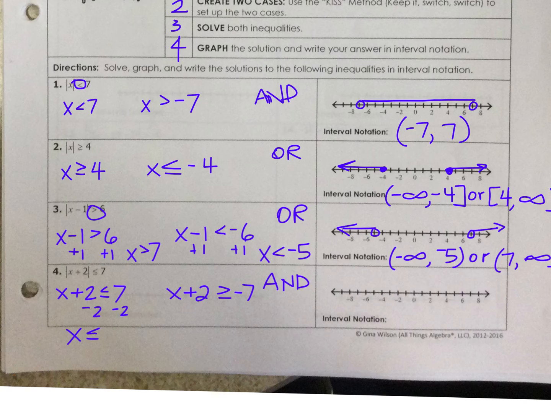So x is going to be less than or equal to 5, and x is going to be greater than or equal to -9. Connect them. Oops, those are supposed to be brackets, -9, 5.